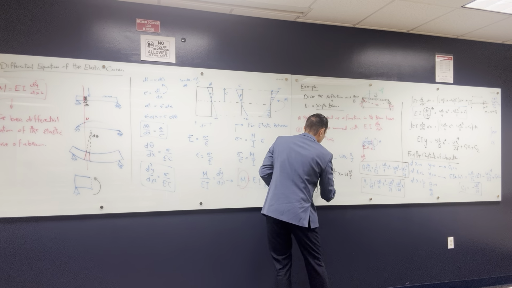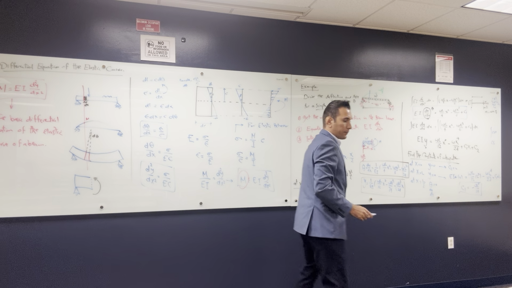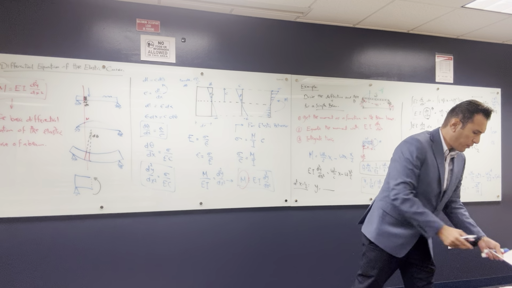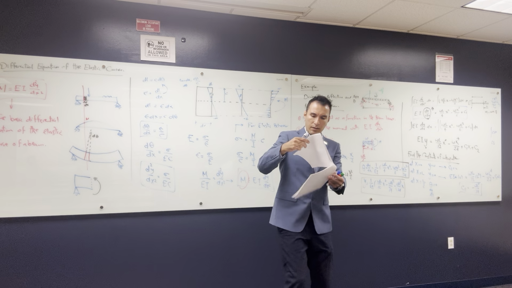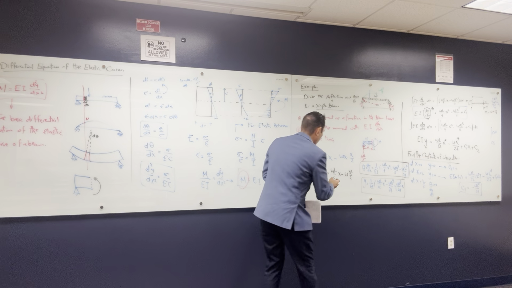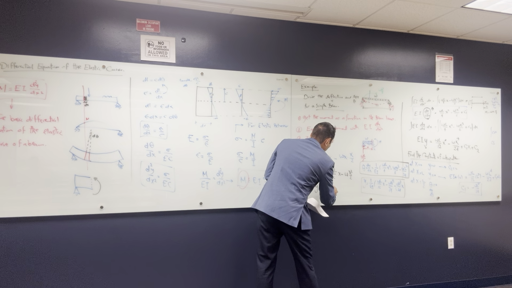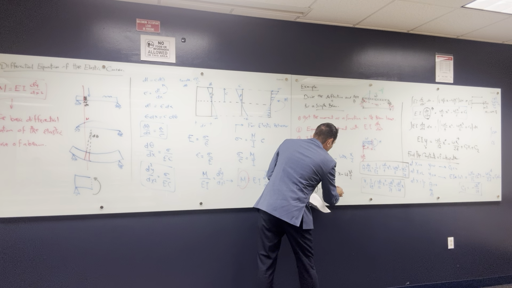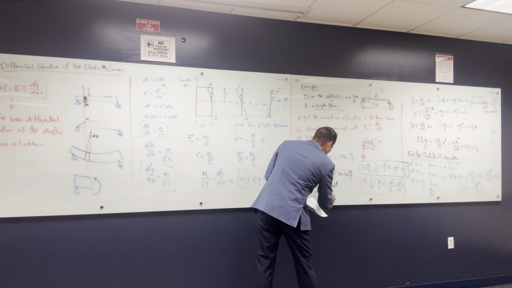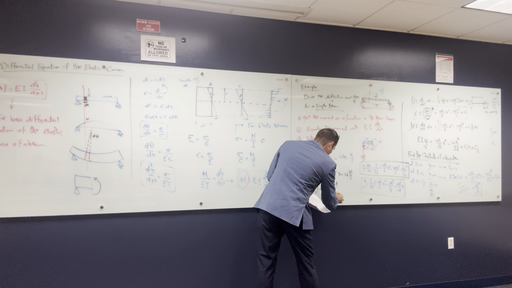Once you do this, this is gonna be equal to, you guys remember, I think this is one of the things that you might stick in your head. This is gonna be 5 WL to the power 4 over 384 EI.